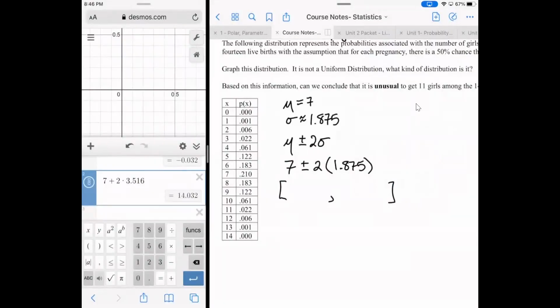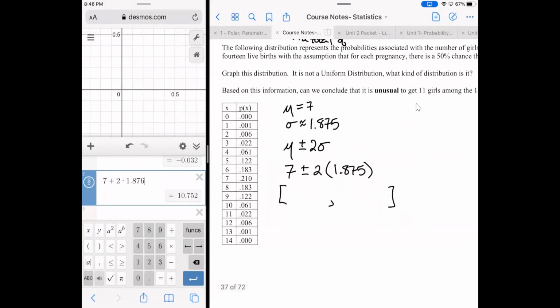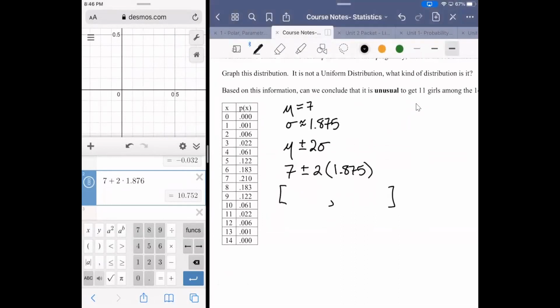Oh boy. All right. 1.875 is getting added to and subtracted from. So on the high side, I'll get to the low side in a sec, we're looking at 10.752.